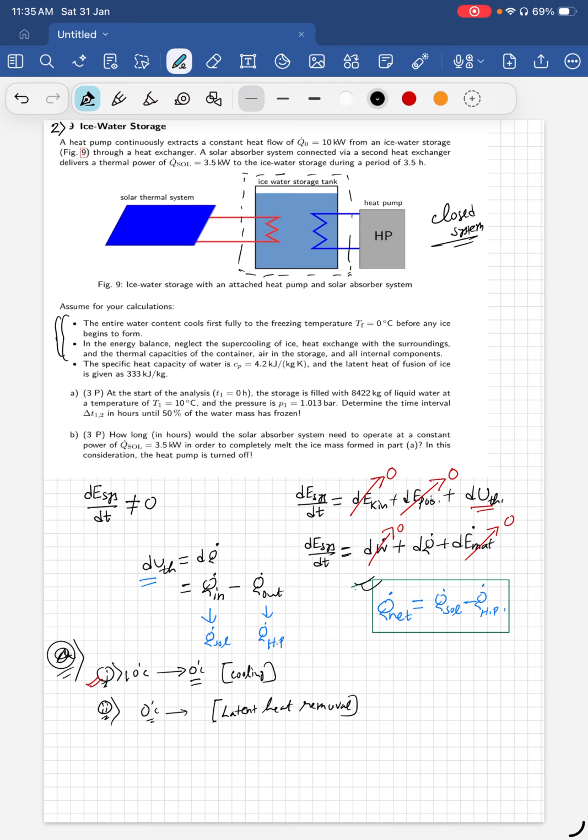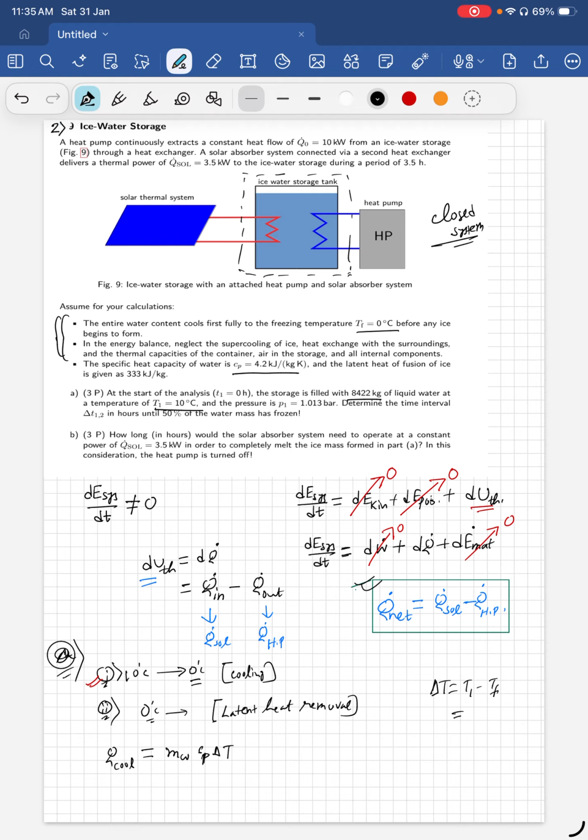We know the formula: Q cool will be the mass of the water times the specific heat capacity of the water at constant pressure times the temperature difference. Here they provided our mass of water, specific heat capacity, and the initial and final temperature. So the temperature drop here will be T1 minus Tf.